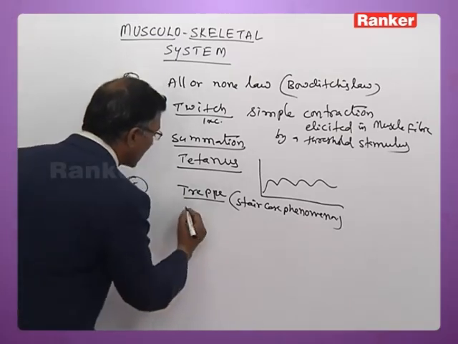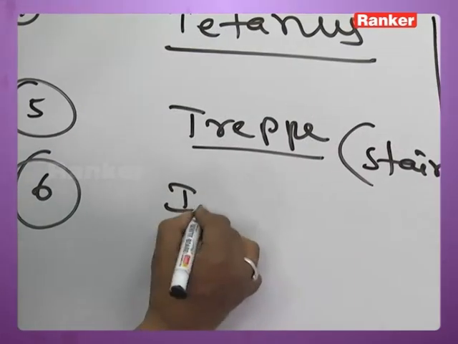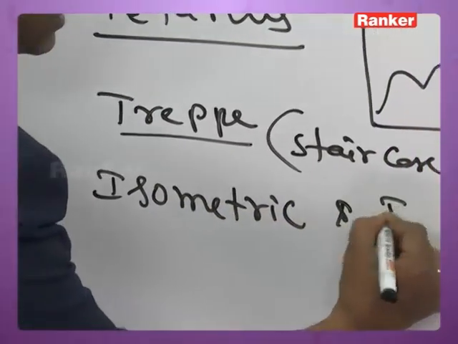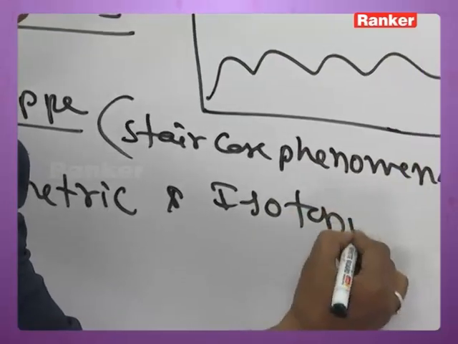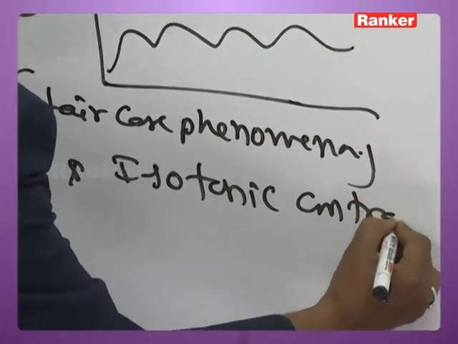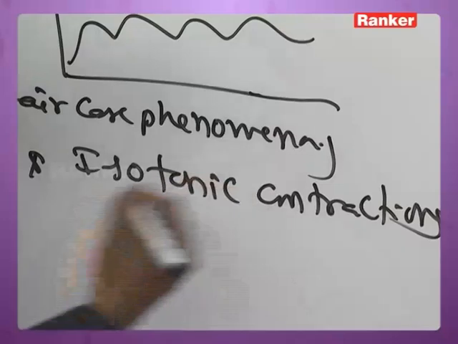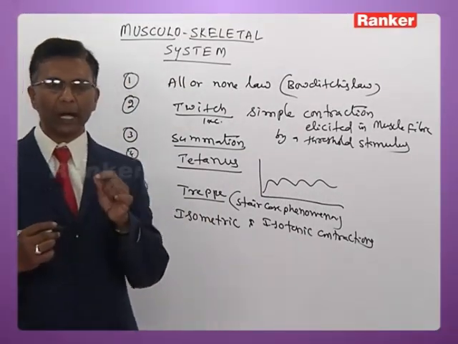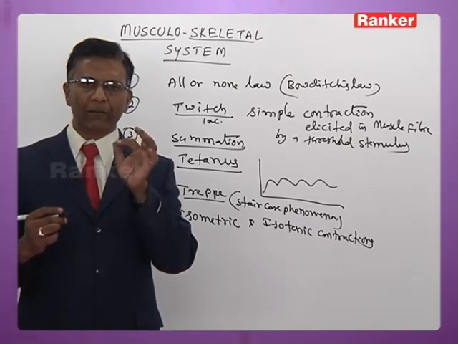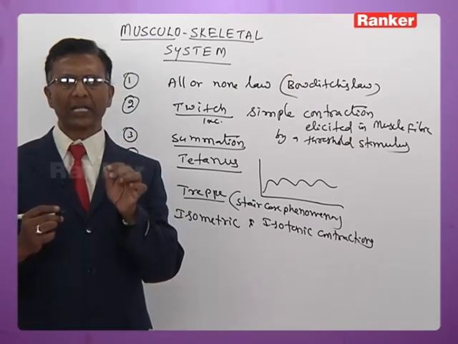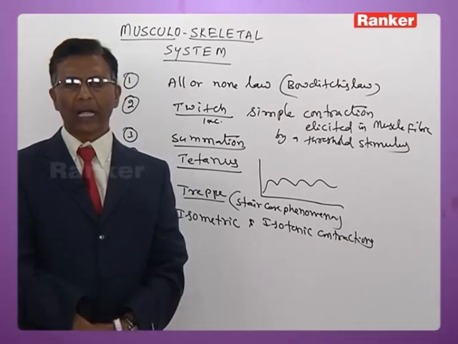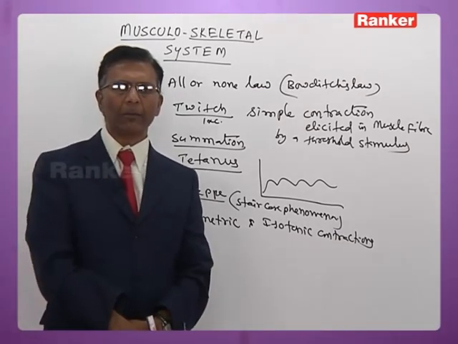The next we have another concept called isometric and isotonic contractions. When a stimulus is given to a muscle, the contraction that is evoked in the muscle fiber can be called tension.